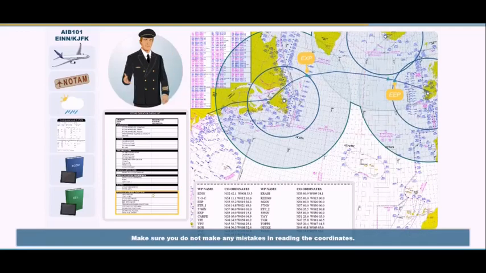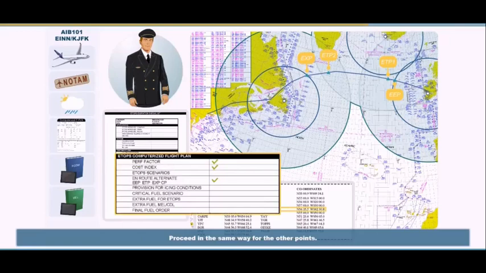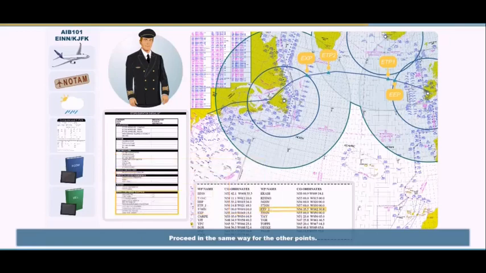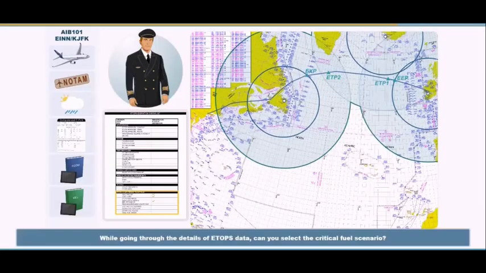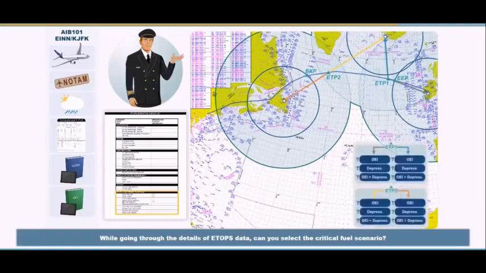Make sure you do not make any mistakes in reading the coordinates. Proceed in the same way for the other points. While going through the details of ETOPS data, can you select the critical fuel scenario?